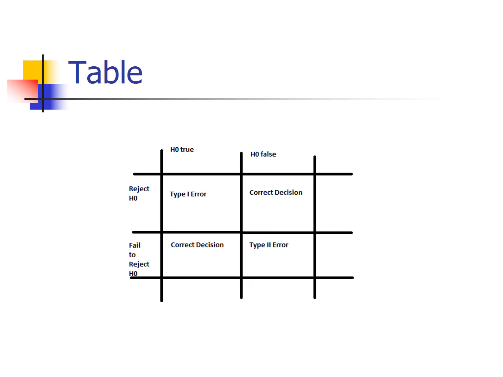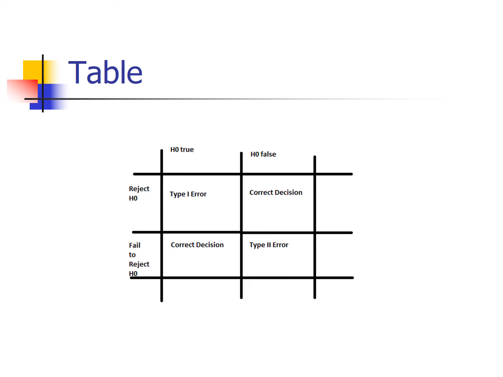Going along the top, the columns represent the true underlying reality, the thing that we as researchers can never know with 100% certainty, but it's what we're trying to get at. It's that universal truth. The rows correspond to our decisions as researchers, generally based on evidence and statistical reasoning.